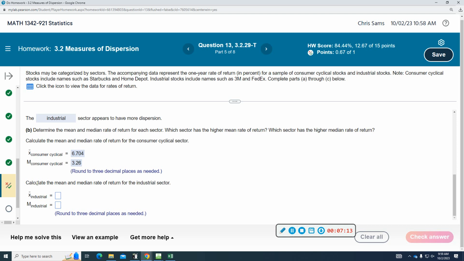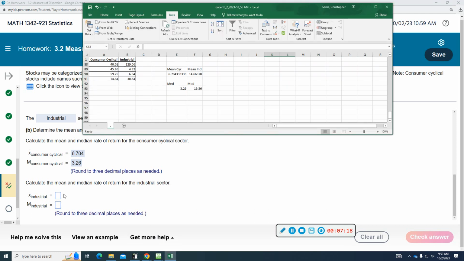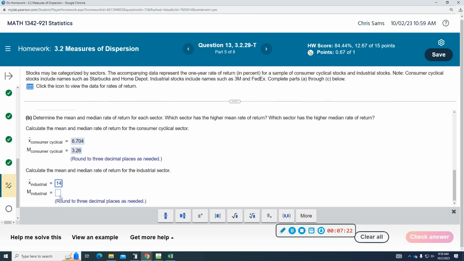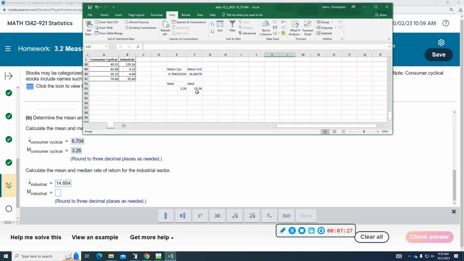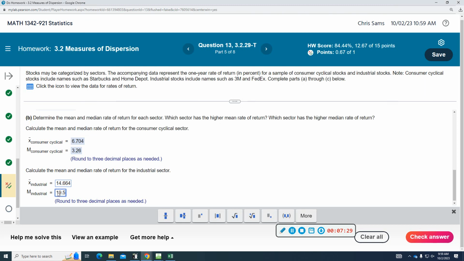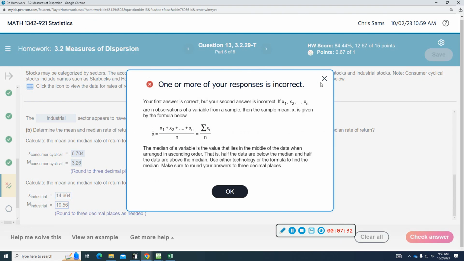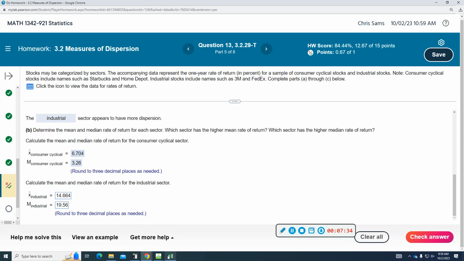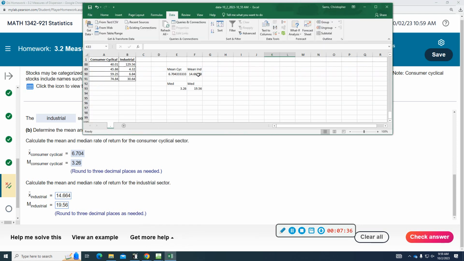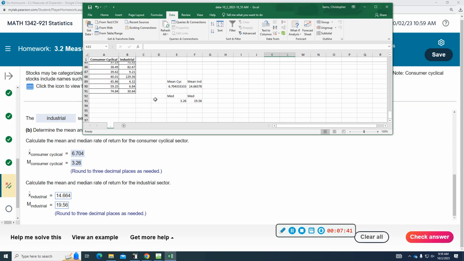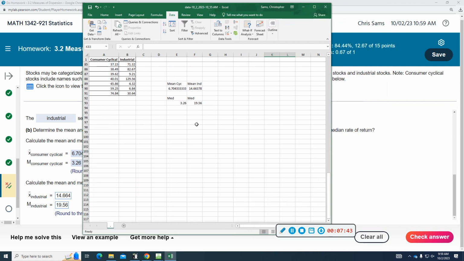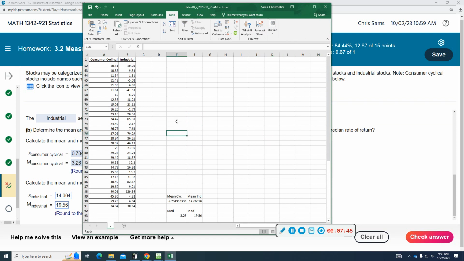Part B, calculate the mean and median for the industrial sector. So we've already done that right there. 14.664. And then the median, 19.56. Uh-oh. Let's double check my numbers.